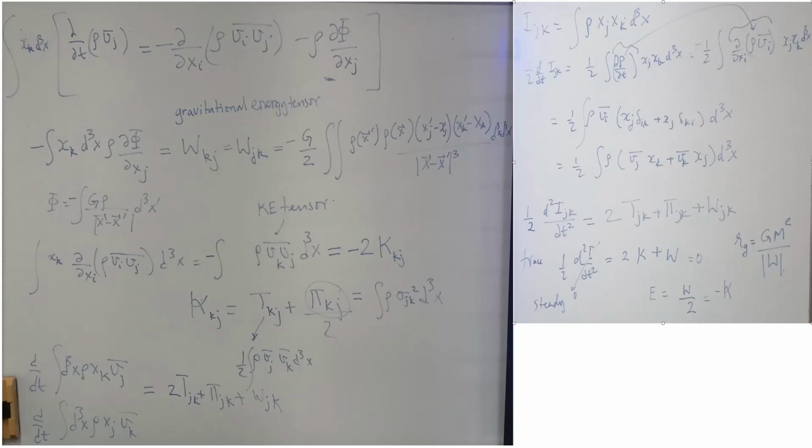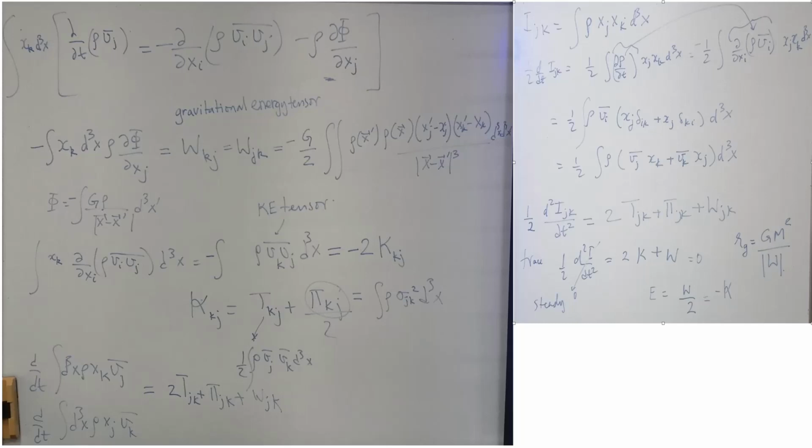So this will give you half of integral rho dk bar xk plus k bar x bar. So this should become k. So this is your half d dt of I jk.